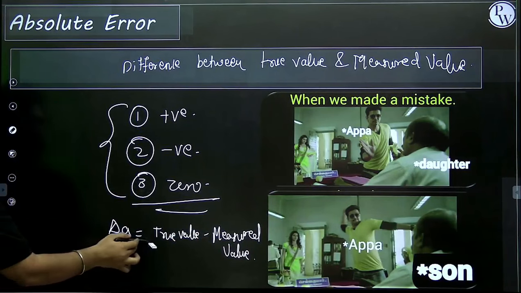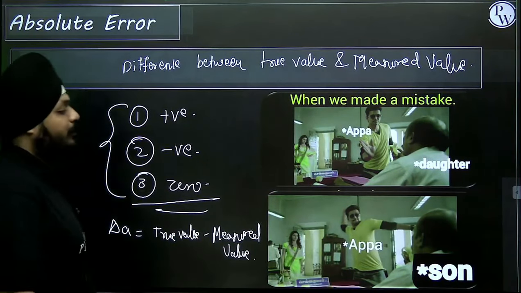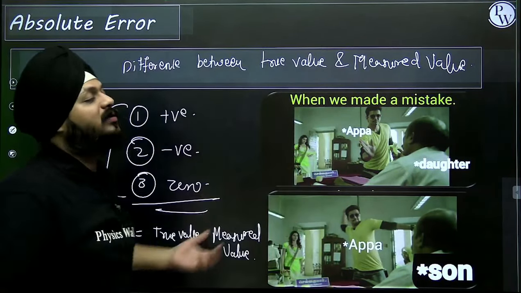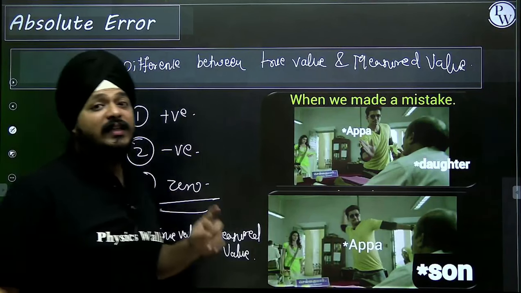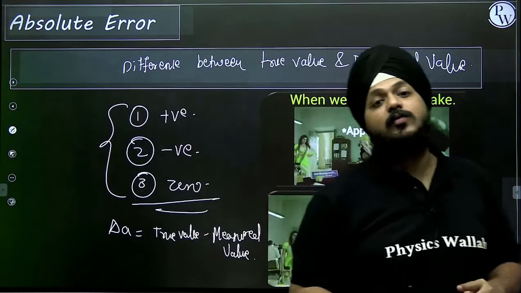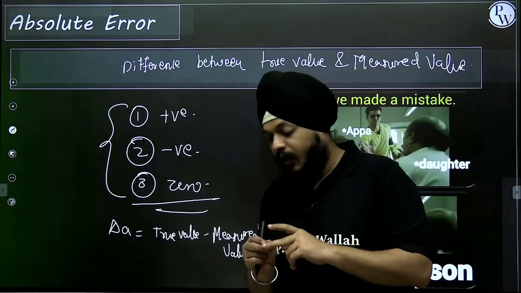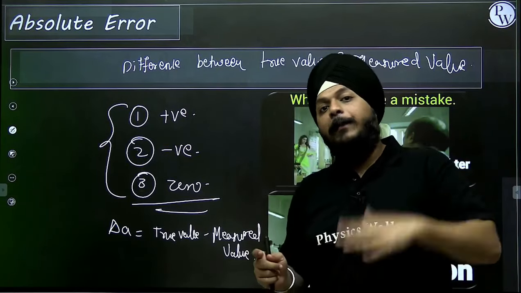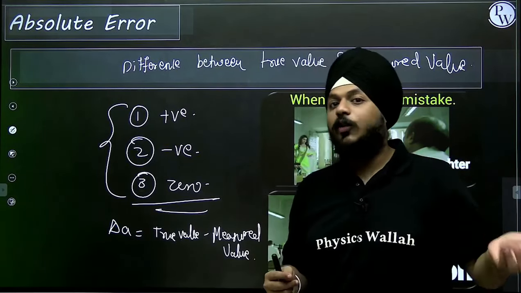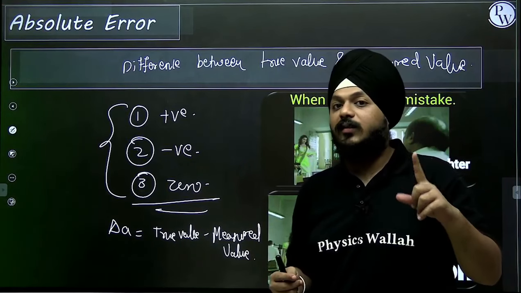It can be positive or negative, but when percentage error is calculated, the absolute error is always taken as positive. Suppose my papa gave me 10 rupees, the system was showing 11, there is an absolute error of 1.